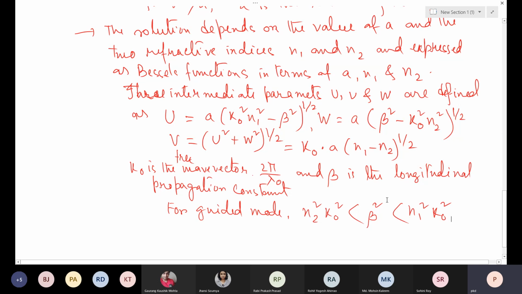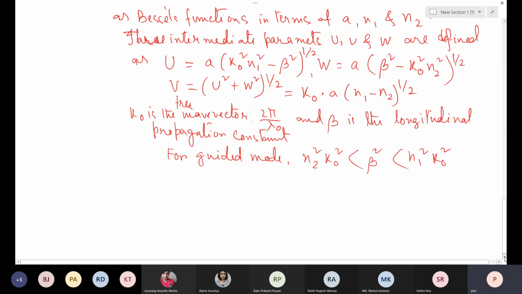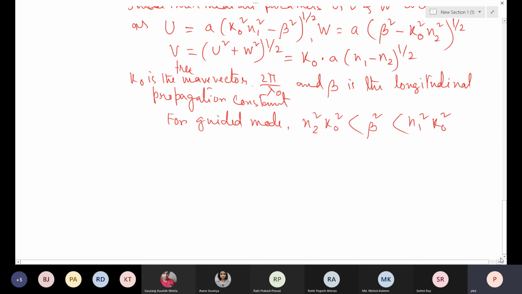So that is the basic condition, in terms of ray optics, for total internal reflection. So for this, U and W are real. So the solution, I will not write the solution, rather graphically let me show what it means.